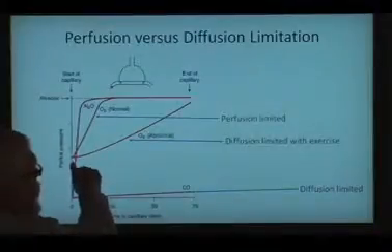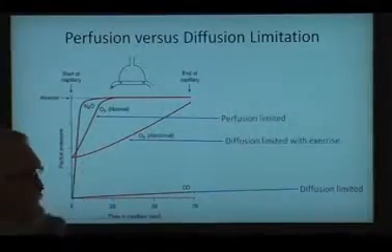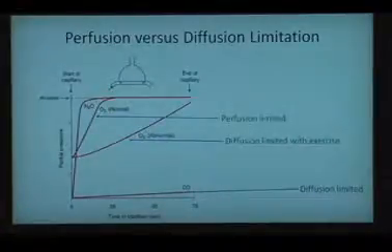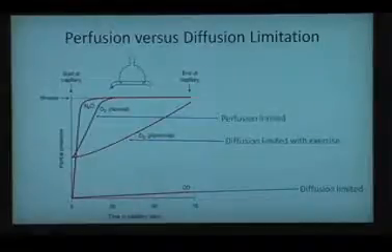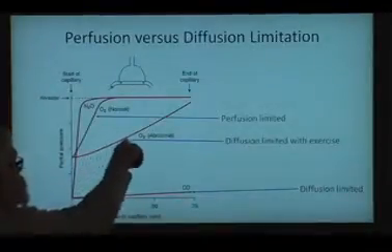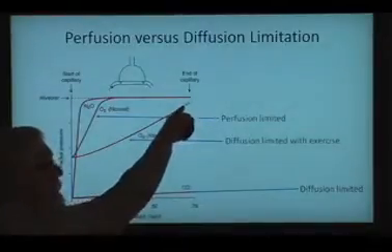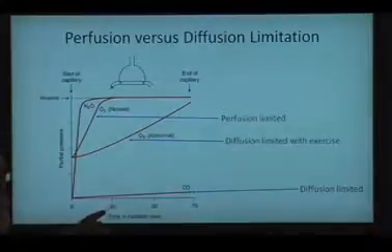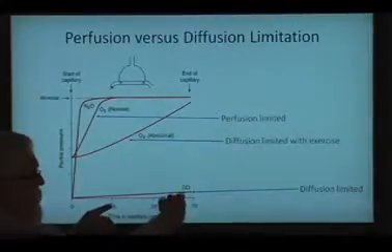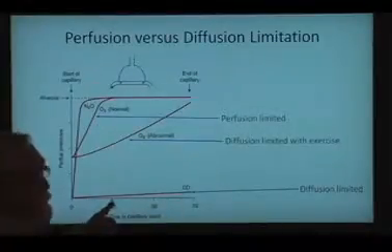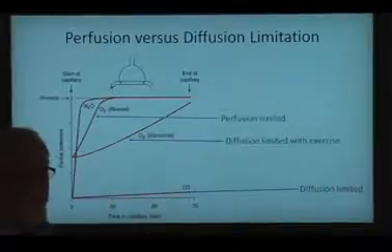Now, if there is an abnormal diffusing capacity, such as with emphysema, alveolar destruction, or with pulmonary fibrosis, increased thickening of the alveolar capillary membrane, then the uptake of oxygen may be diffusion limited with exercise, because with exercise the blood spends, instead of 3/4 of a second in the pulmonary capillary, may only spend 1/4 of a second because it's moving through much faster.